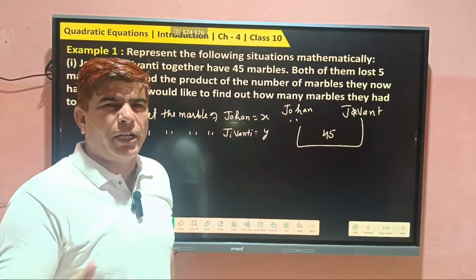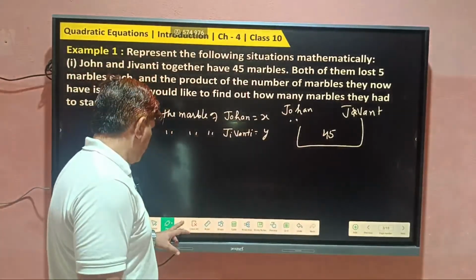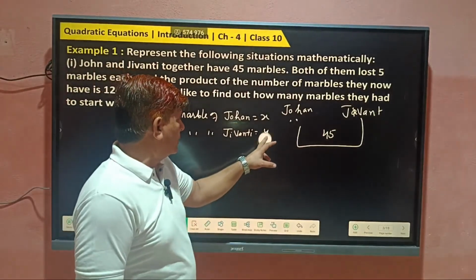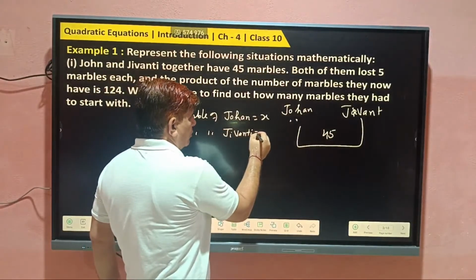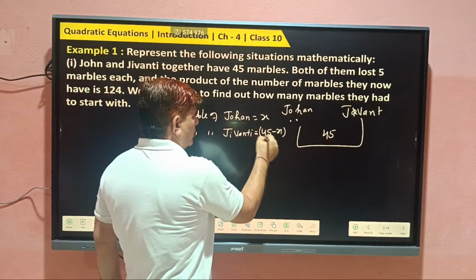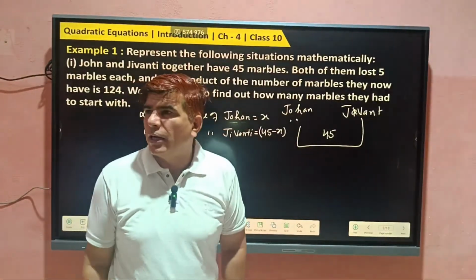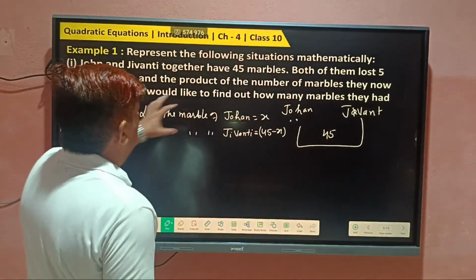Because it is a quadratic equation in one variable. If two variables are given, then we can write like this, but we have to show this by one variable. So total 45, and x for the first person, so the remaining for the second person. Then what's given?